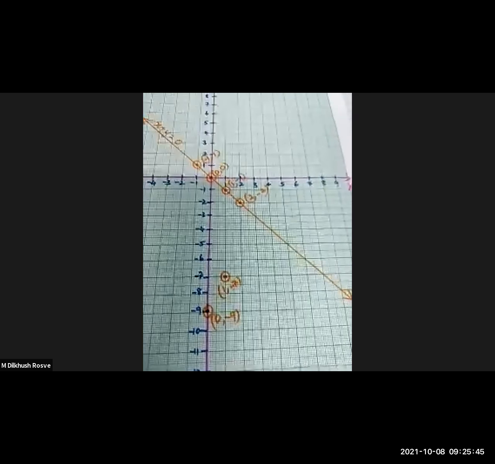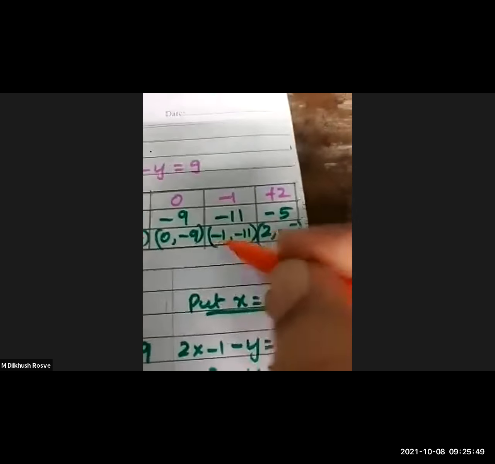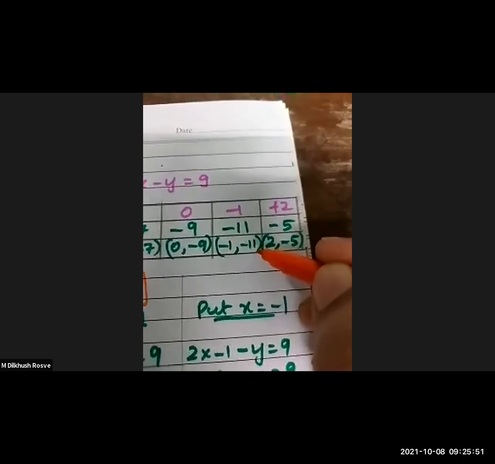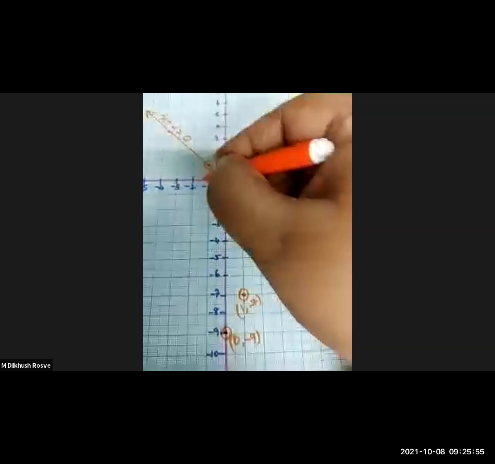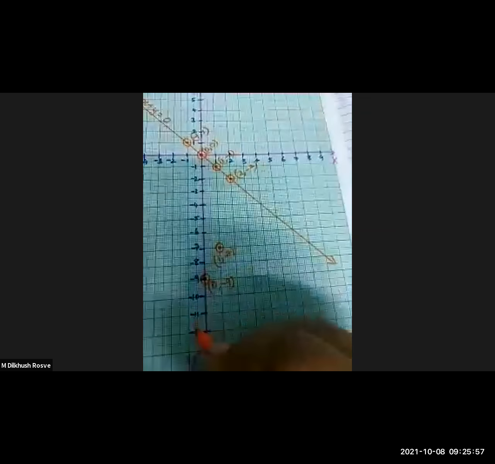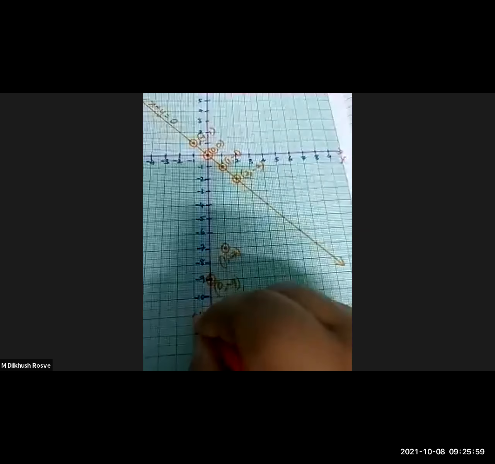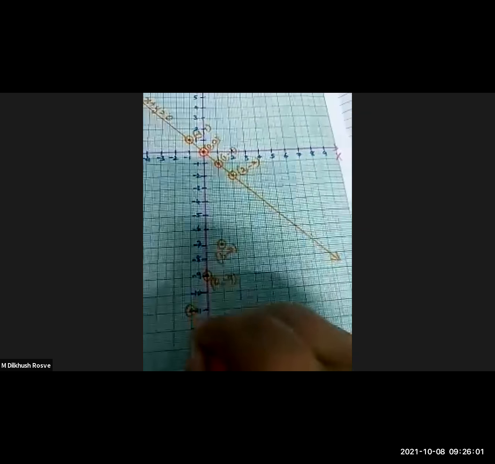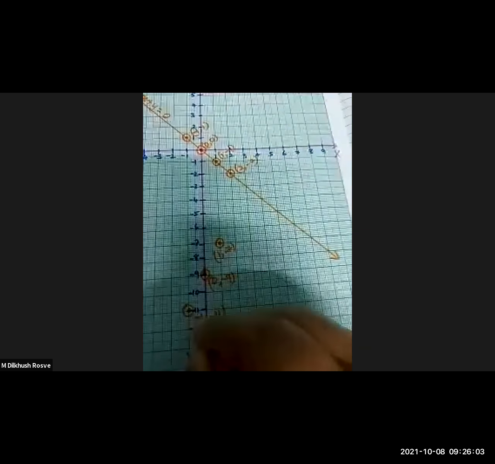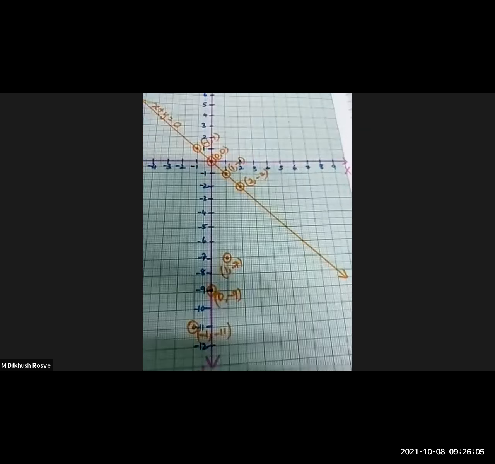Clear, children? Okay. And then next one, minus 1 comma minus 11. So here minus 1 is here. Minus 11 means you will get over here. Okay. So minus 1 and minus 11. Clear, children?